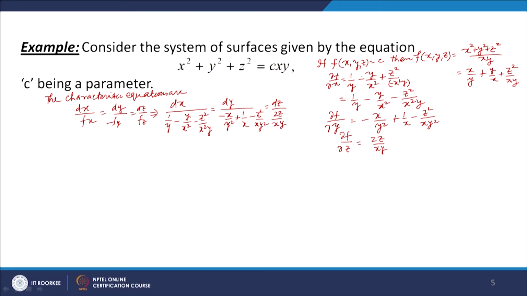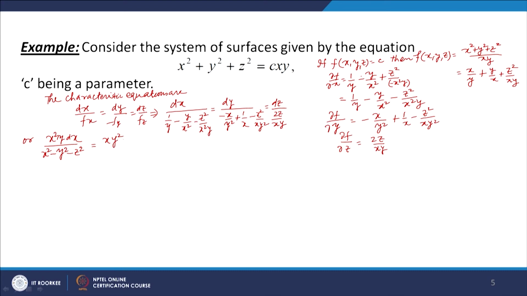Okay. Now, we can simplify this. If you take the LCM, it is x square y, which will go up there. I can write x square y dx divided by x square y. When you multiply here, you get x square y. So, this is minus y square, and x square y, so this is minus z square, equal to, here we multiply x y square in the numerator and denominator.